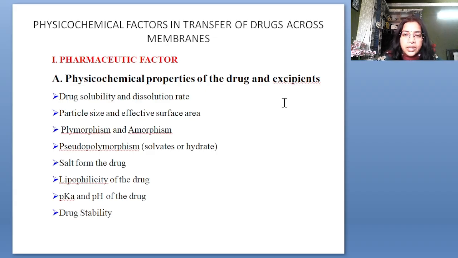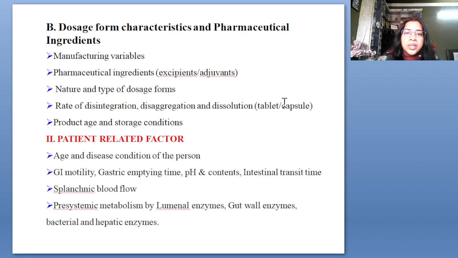Physicochemical properties include drug solubility and dissolution rate, particle size and effective surface area, polymorphism and amorphism, pseudomorphism, solvates or hydrates, salt form of the drug, lipophilicity of the drug, pKa and pH of the drug, and drug stability. Then dosage form characteristics and pharmaceutical ingredients.